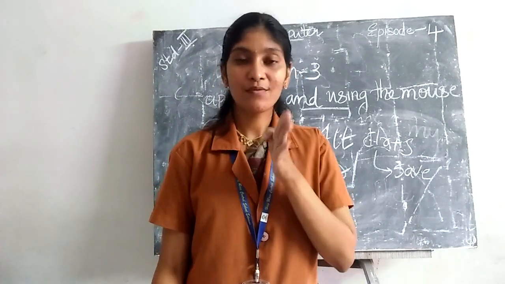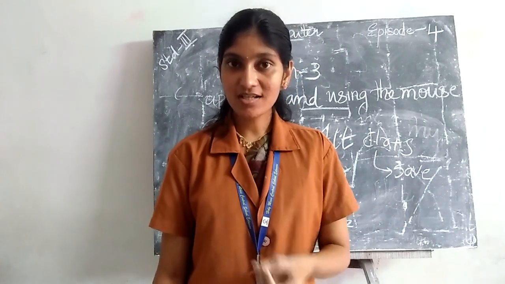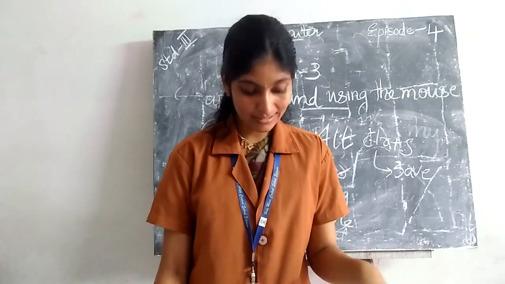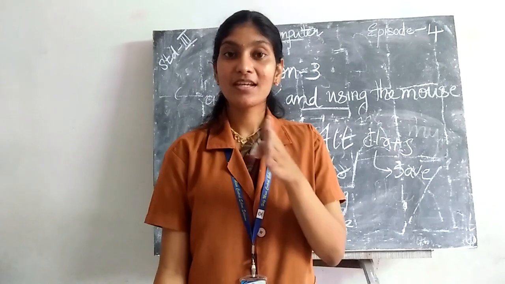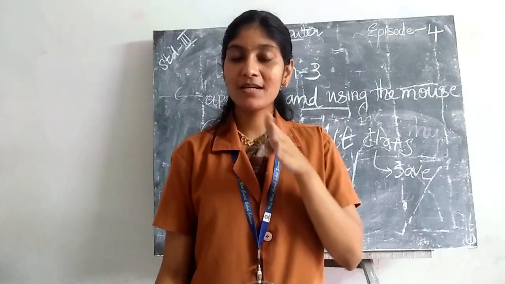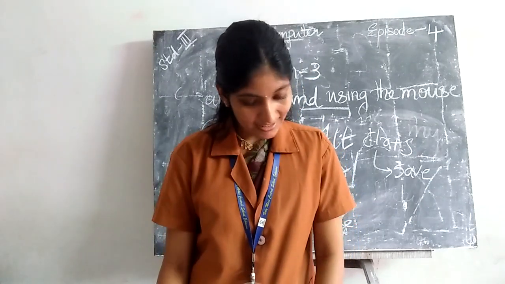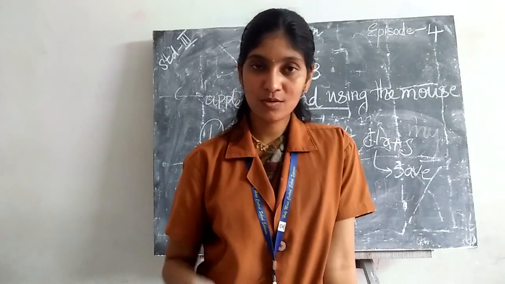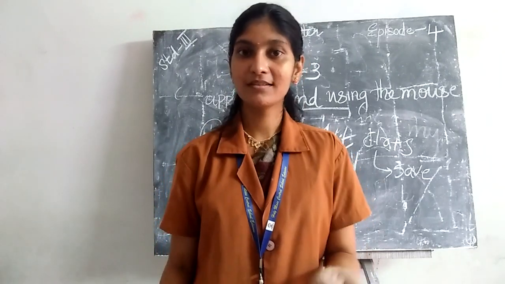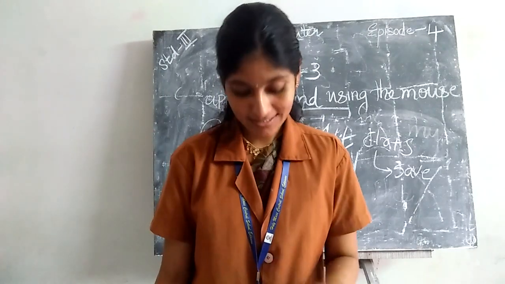Then backspace key, it deletes the character to the left of the insertion pointer, and the delete key erases the character to the right of the insertion pointer. Then the shift key has 2 purposes. First, it reverses the function of the caps lock key, and also it is used to print signs.